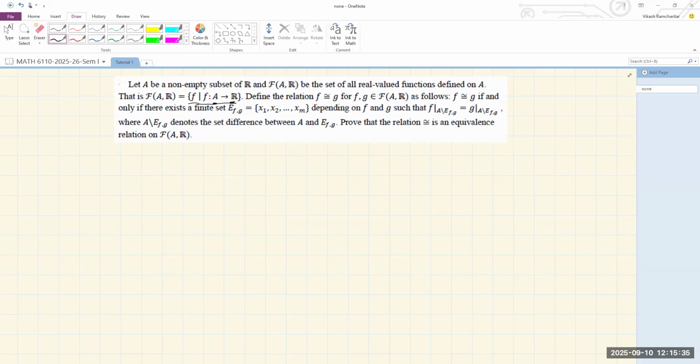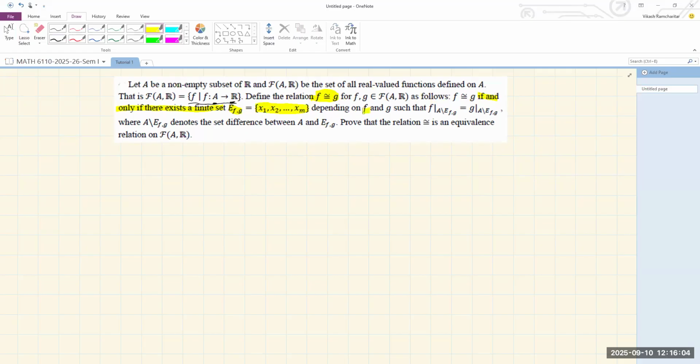And we're going to define a relation between these two functions to simply mean F is related to G if and only if there exists some finite set, let's call it E_FG. And of course, it's finite, so it's a finite set of points.